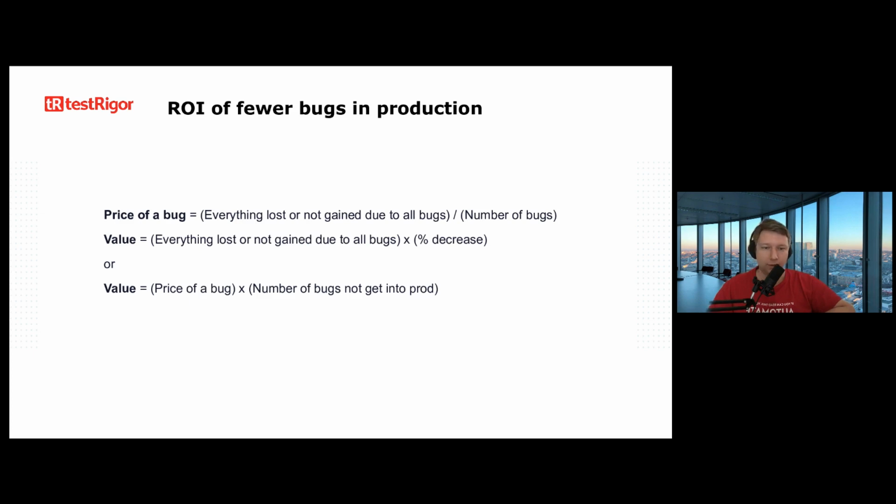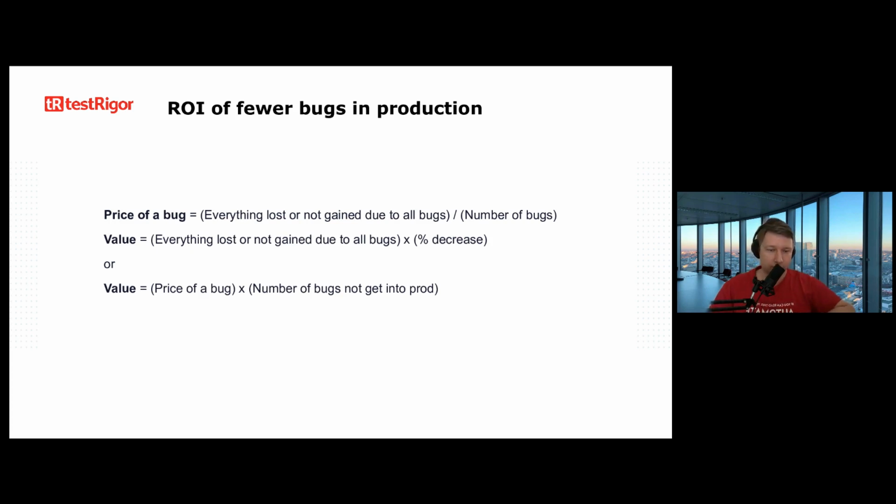So next thing is you get a number of bugs which got into production during the same period of time. And again, in this particular case, as you can see, there is a little bit of ambiguity in here, and you have to use your judgment and figure out what number to use. So there are two options.